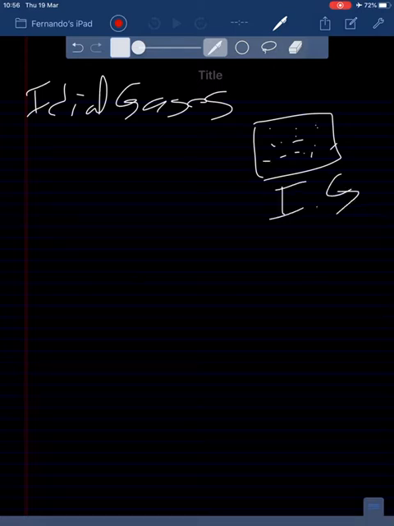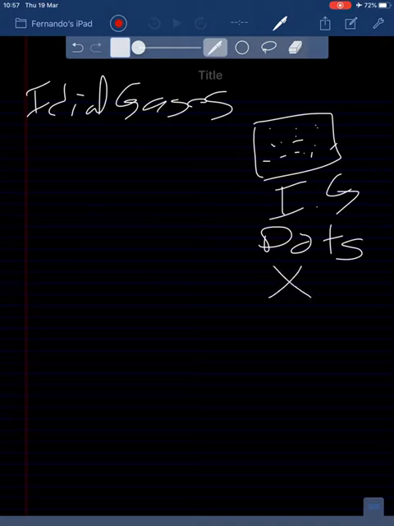So what I am actually doing is describing gases as dots in space, literally. As if you have a cross, then this is a dot. That is what this model tells us the gas is. So definitely it is not the most accurate, because we know that gases are made of molecules and molecules are not dots in space.